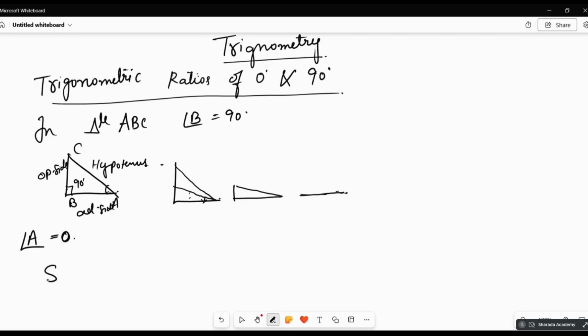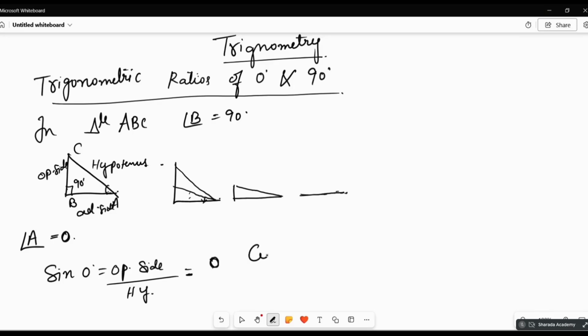So what happens now? Sine 0. Sine of any angle is equal to opposite side by hypotenuse. So the opposite side is BC. It will tend to become 0. So it will be equal to 0.